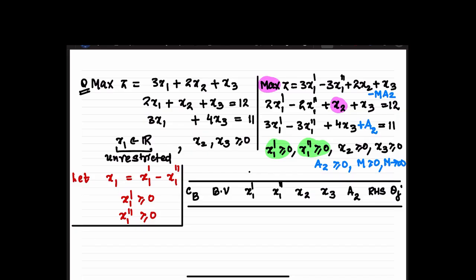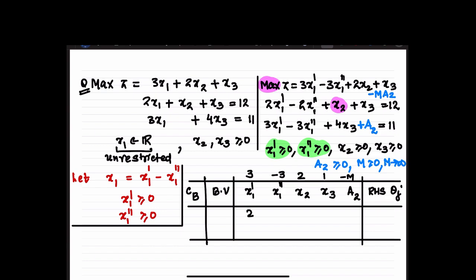The coefficients are 3, minus 3, 2, 1, minus M. The constraint coefficients are 2, minus 2, 1, 1, 0, 3, minus 3, 0, 4, 1, 12, 11.